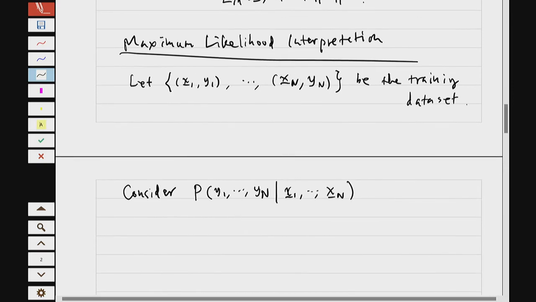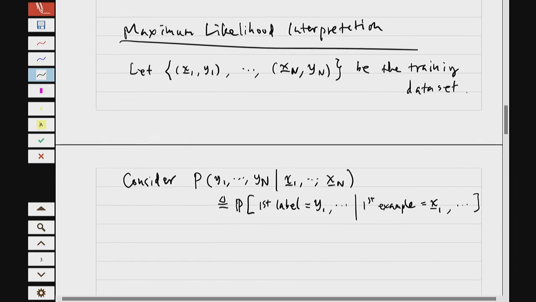By definition, this is the probability that the first label in our data set is y1, and the second label is y2, and so on and so forth, right? Given that the first data example is x1, and the second example is x2, and so on. That's just the shorthand for writing out this bigger, almost English form.